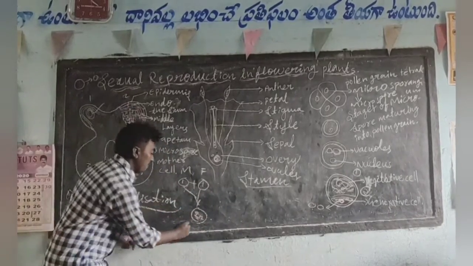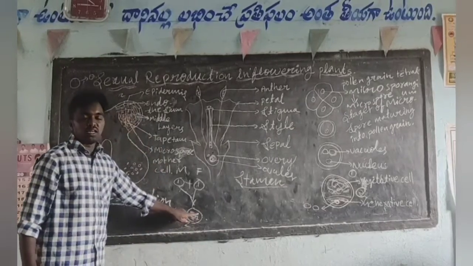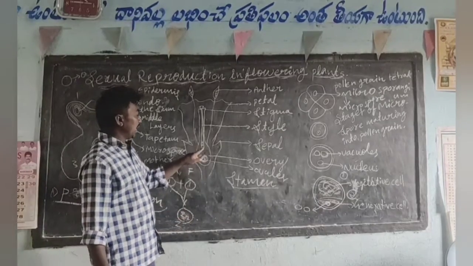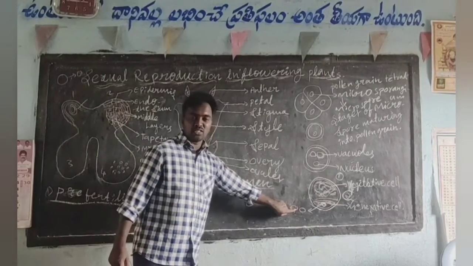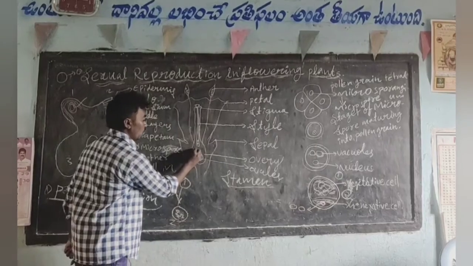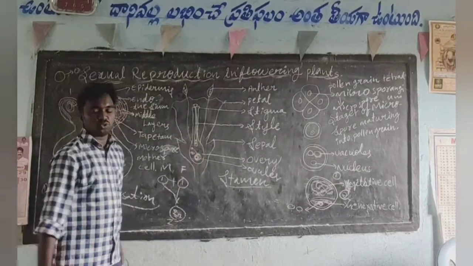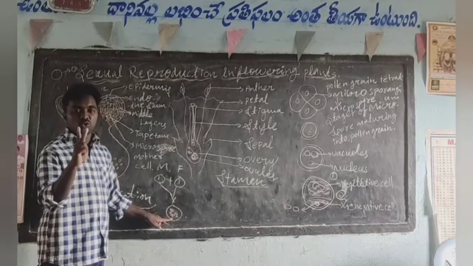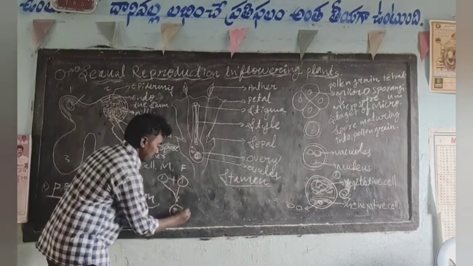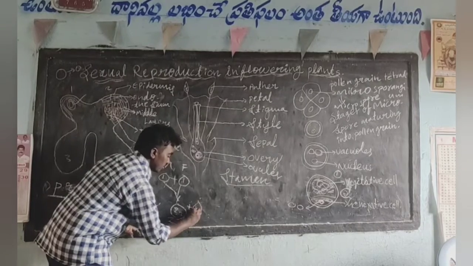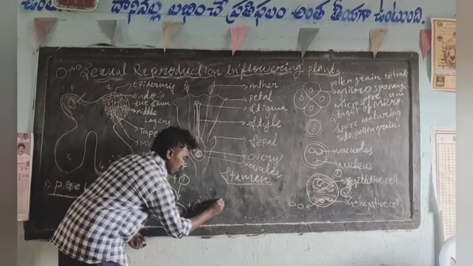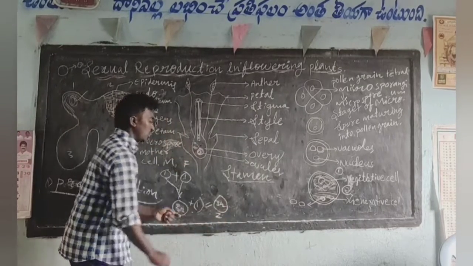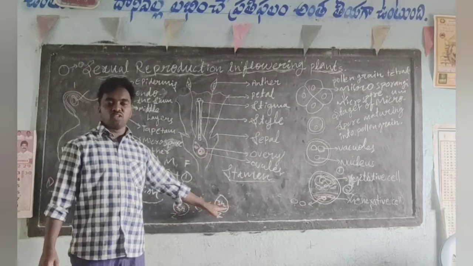Okay. After the formation of the zygote, the zygote contains two nuclei. At the same time, another male gamete is also there. This second male gamete also fuses with the zygote. Already the zygote contains two nuclei, and after that the three-nuclei zygote will be formed.